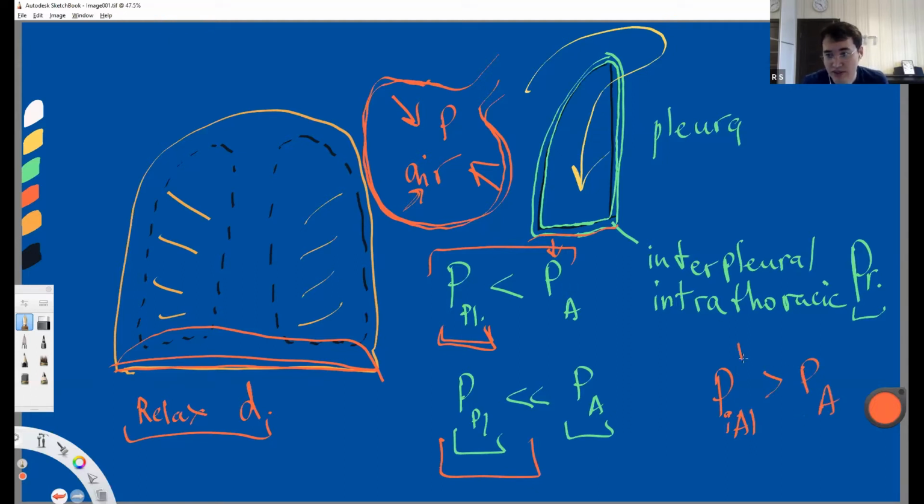And because we have the difference between these pressures, the air will start leaving. So we exhale, and it is related to the elasticity of this wall, okay?